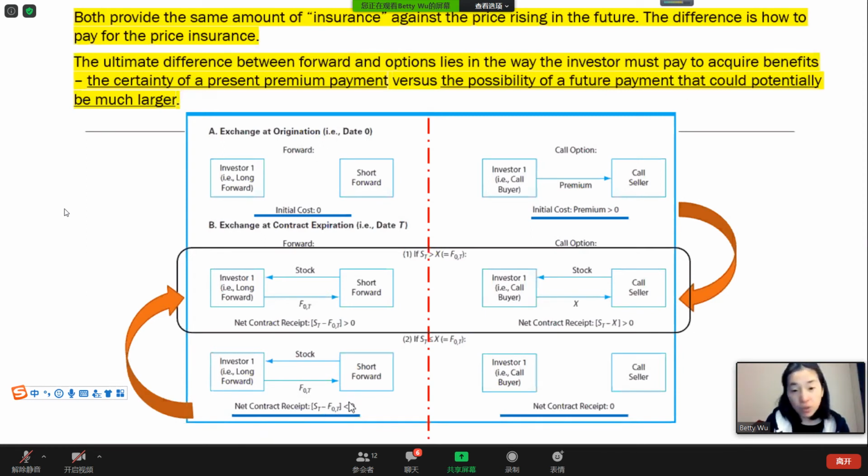So this can be much larger if the price goes down big time, then you're really suffering a big loss. And it also has something to do with the possibility. When you enter this, at time zero you don't know about this, so you have to estimate the likelihood, the probability. So at time zero, you need to think about the expected loss you might have, then compare the expected loss to the premium and decide which one is more beneficial for you.